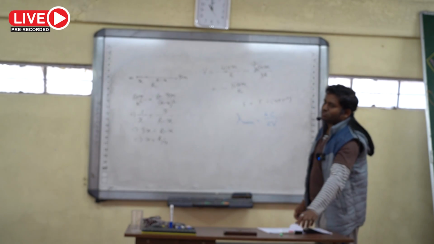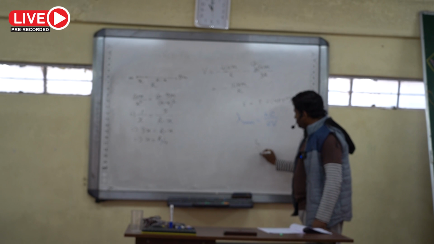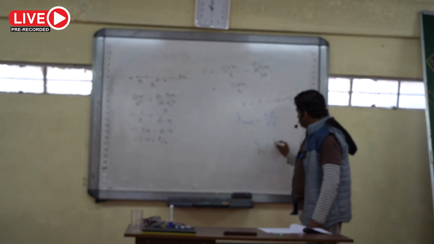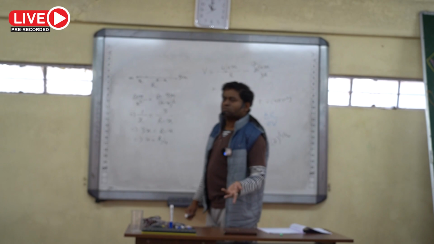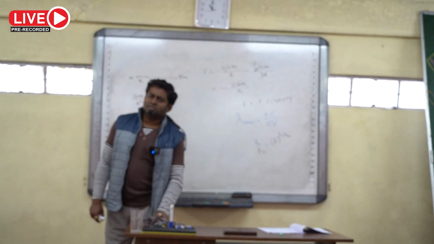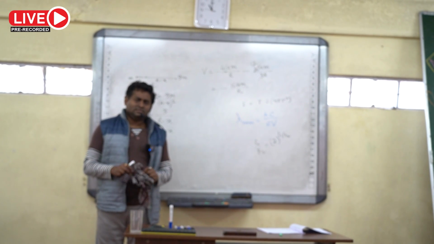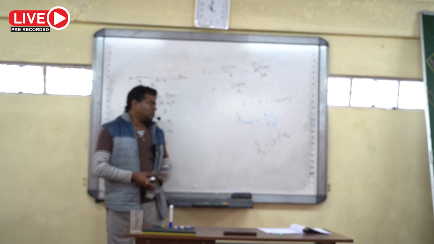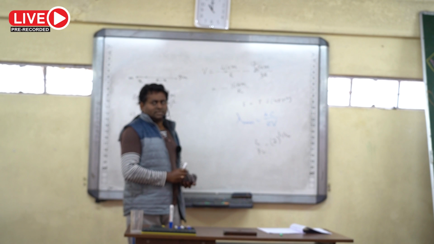You can use this formula directly to solve this problem, that R1 by R2 is equal to 2 to the power T1 by T2, or directly use N equal to N0 e to the power minus lambda T. But I think radioactivity is not there in this syllabus, so better to avoid.